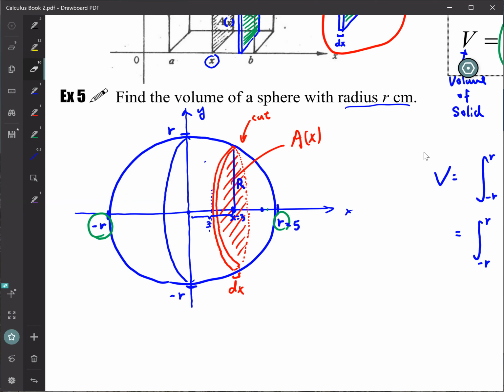When x equals 4, you get another circle. But the bigger the x, the smaller the circle, because you are closer to the end of the sphere. So x is just the location of each cross section. That's why the area is a function of x, and why I wrote A of x. Area changes depending on the location where you cut it.